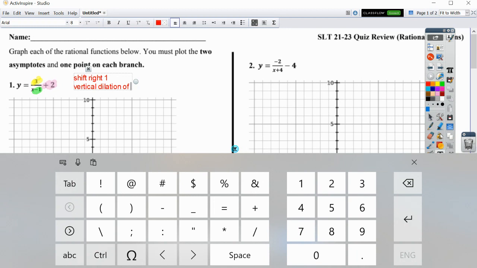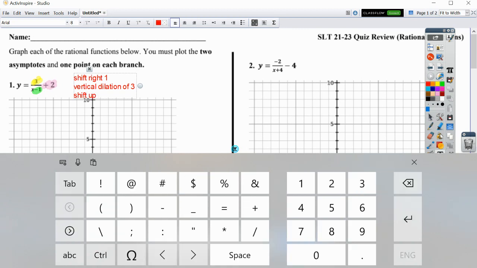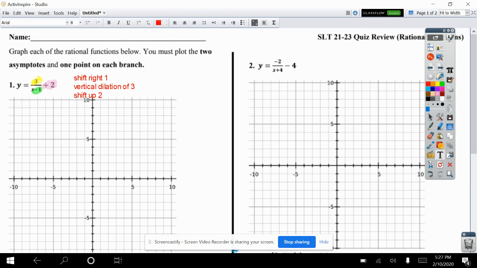And then lastly, I will have my shift up 2. So vertical transformations are what you see. So if you see a plus 2, it's shifting up 2. It's not the opposite like with the horizontal. So again, it's only with horizontal transformations that you end up with the opposite of what you see. So those are 3 transformations.